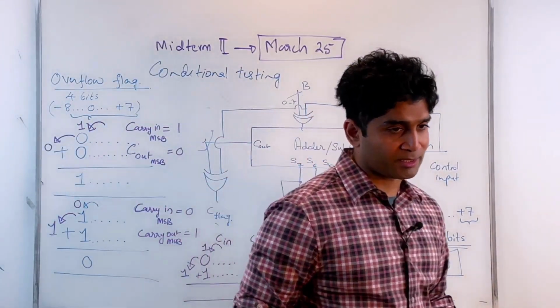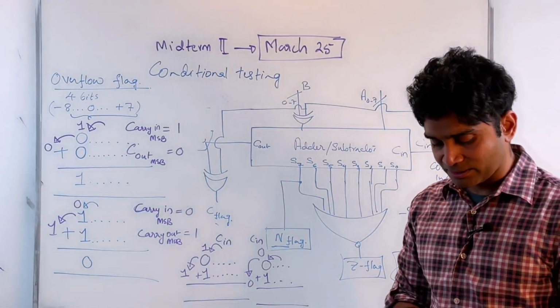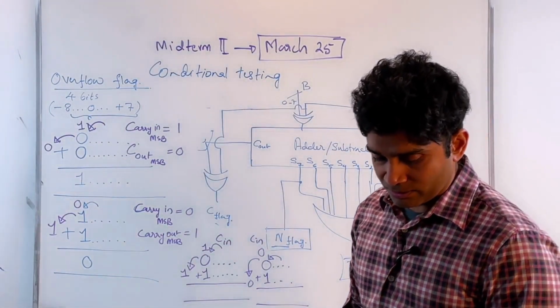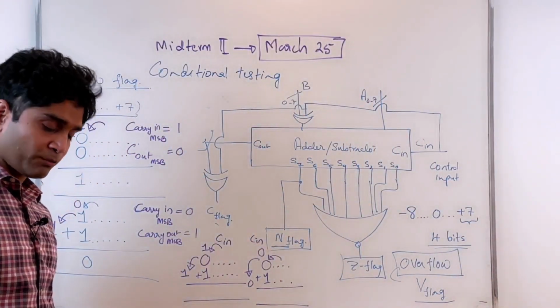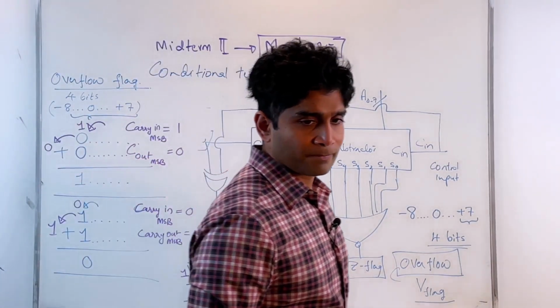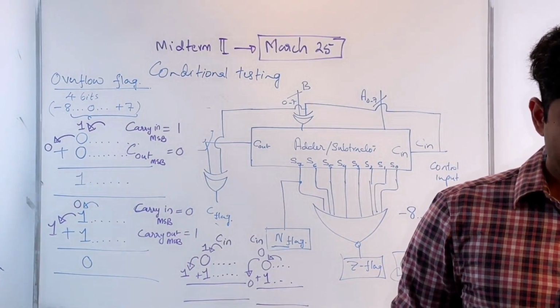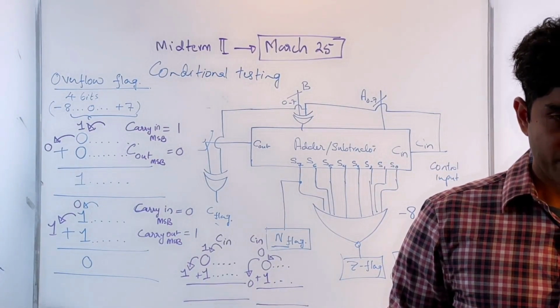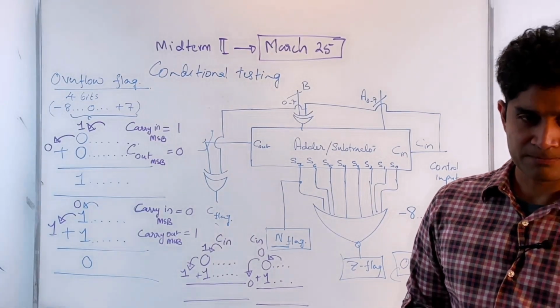So how should I check for the overflow condition based on these? Can you suggest a method, or can you suggest a simple circuit that I can use to check for the overflow condition now based on our observations? James?